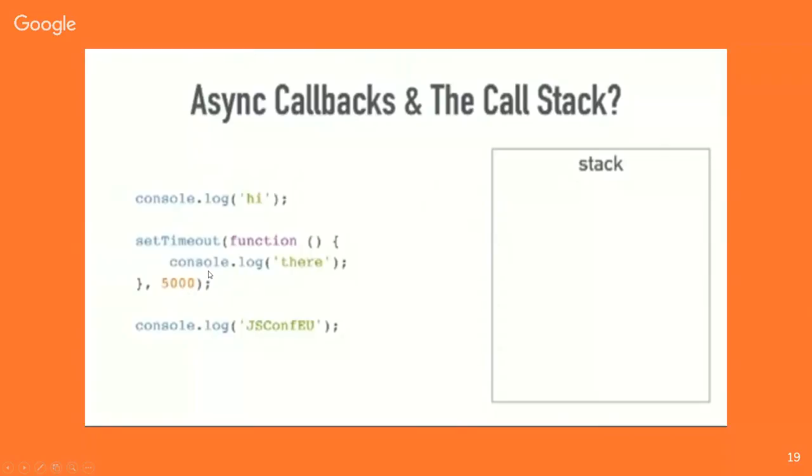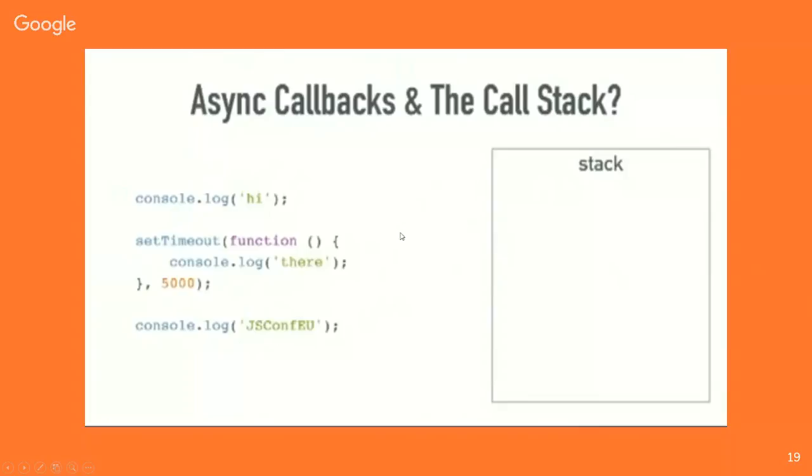In the meantime though, we skip over to this console log here and we log jsconf eu. So we have hi jsconf eu, and once this 5 second time passes, we console log there. So we have hi jsconf eu, and once this timer finishes, we have there.